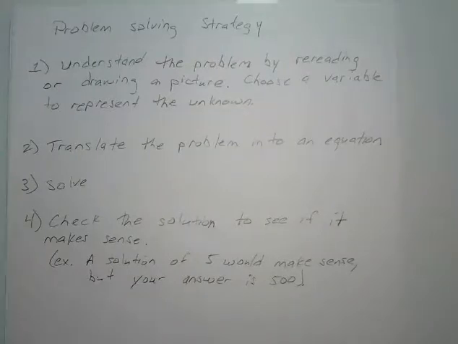So for example, if your solution would make sense if you got an answer of 5, but you ended up with 500, which wouldn't make sense to you, you want to double check everything and make sure you didn't make an error somewhere. All right. So once again, if you're still writing, feel free to press pause, but we're going to go to our first example using this strategy.